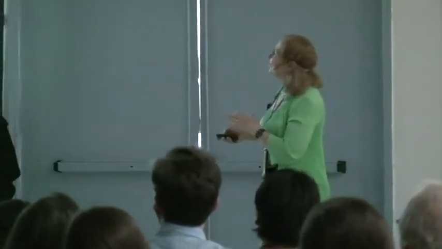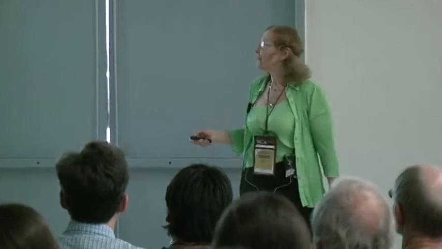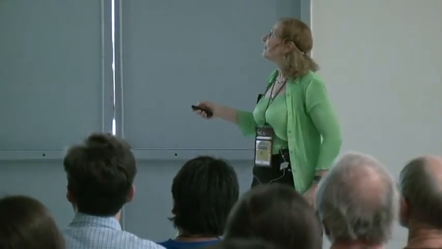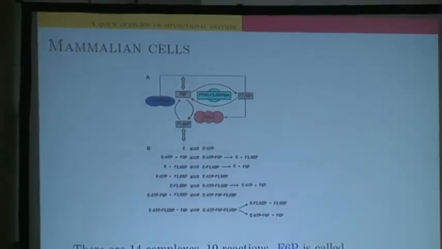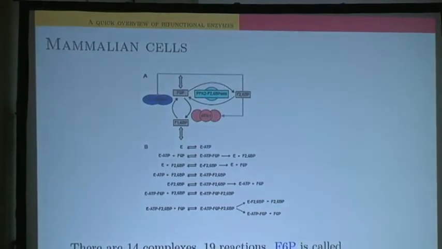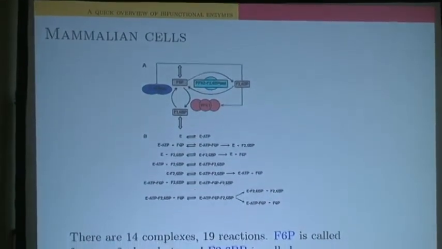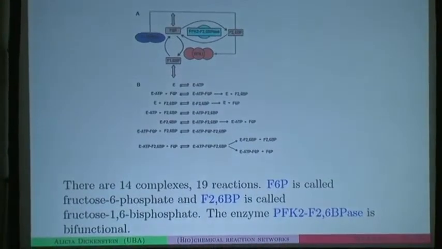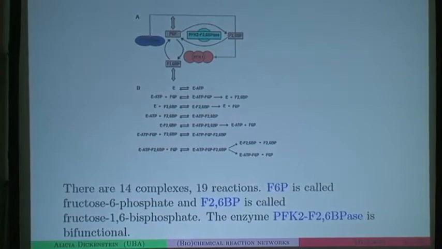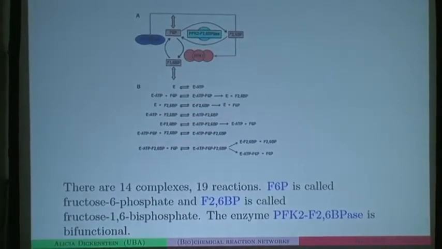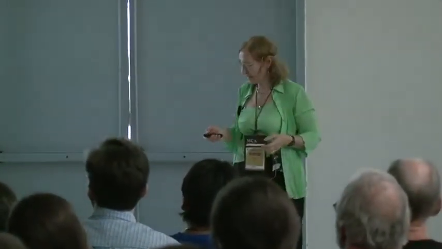This is just to tell you that if you are lucky, the best thing that you can find in a paper is something like this. This is very lucky. In general, you will have this picture. If you are really, really lucky, you will have this explaining which are the reactions that are really taken into account, and these are the names. Beginners ask why they don't call them X1, X2, X3. But if the names express something, you know by the name what function you expect from the species. I use the names once I understand a little bit, because this connects to something in your brain that tells you what to expect in principle.